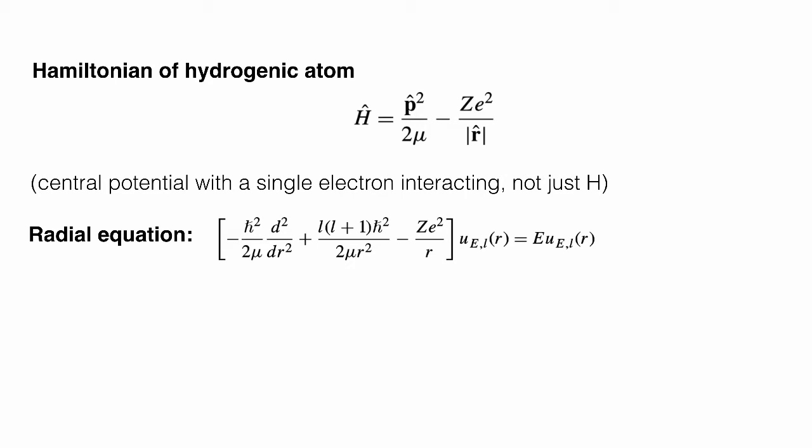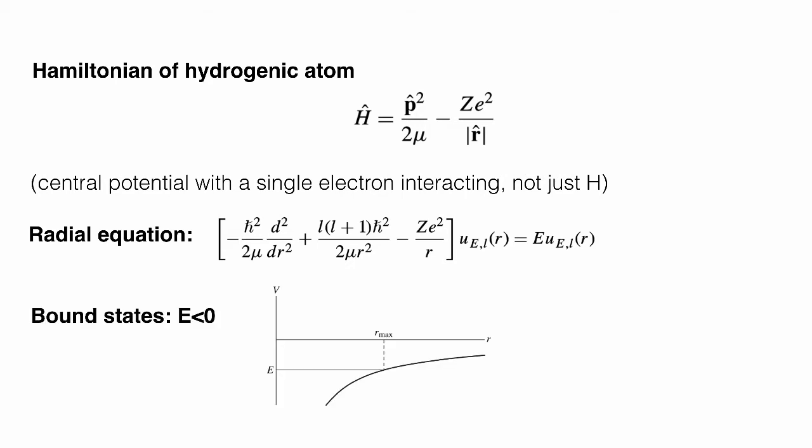We know that the solution u of r will look like r to the power L plus 1 near the origin. And we are going to look at the bound state, in other words a state that we can normalize, that is stuck inside the potential of the hydrogen atom. The electron will interact with the proton and be bound to the proton.